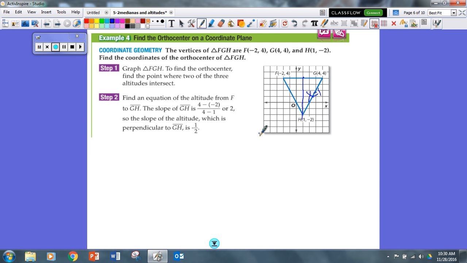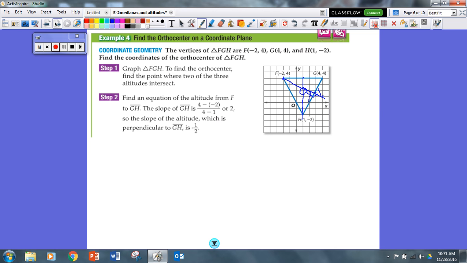Now, negative 1/2. And so it's going to go from F, and it's going to have a slope of negative 1/2, so that's down 1 over 2, down 1 over 2, down 1 over 2, and so that is this line right here. And you can see that they intersect right around there.